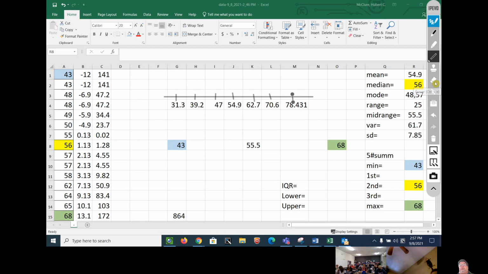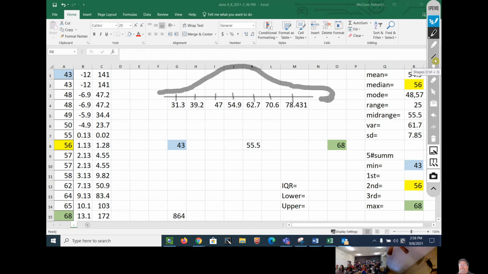Now you're going to really see me suck when I do this. And there is your empirical rule, and it doesn't stop. So anyway, there's your empirical rule. Now let's fill in the number line.